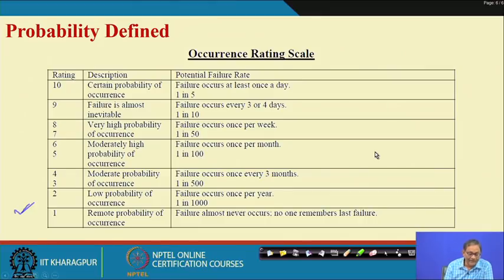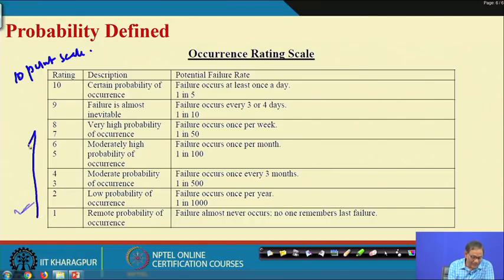What is happening here? We are saying that the probability of occurrence has 10 different values, means we are using a 10-point scale here. It is basically in order of probability of occurrence. If it is 1, this is basically remote probability.